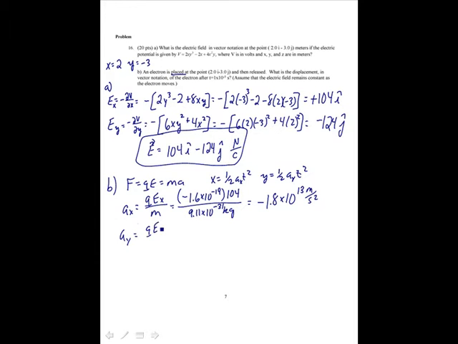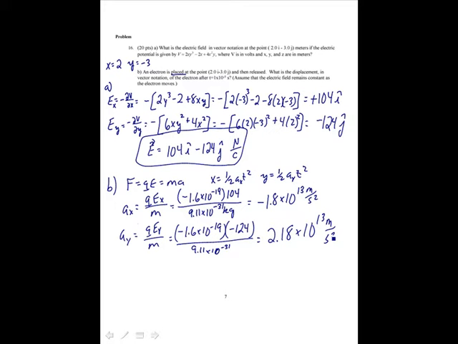That's Q E_y over M. And that gives me a value of a_y, the acceleration in the y direction, of 2.18 times 10 to the 13 meters per second squared.